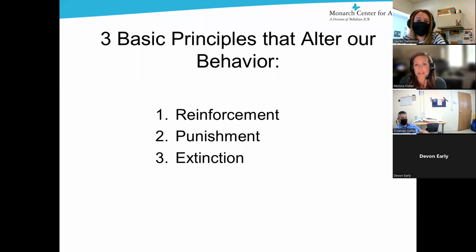There are three basic principles that alter our behavior. There are three outcomes whenever we perform any behavior: it would either strengthen it, weaken it, or nothing would happen afterwards, which by definition weakens it.